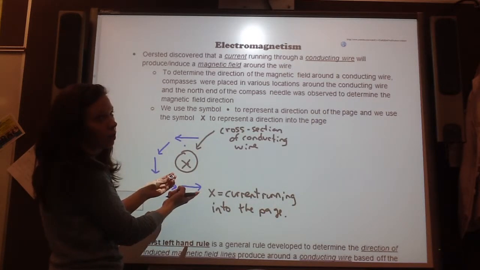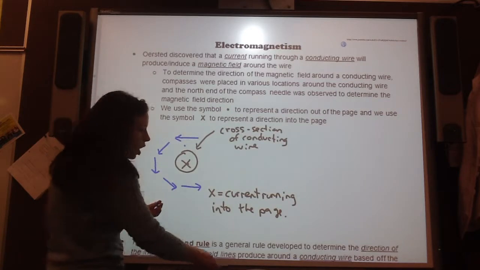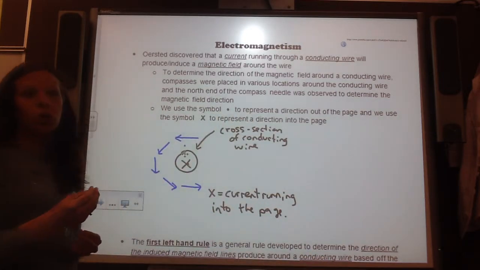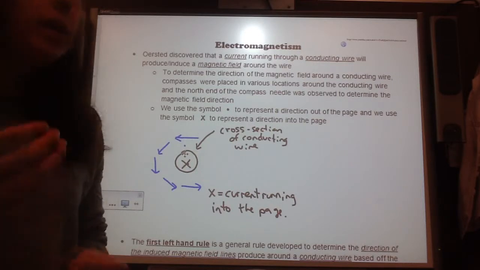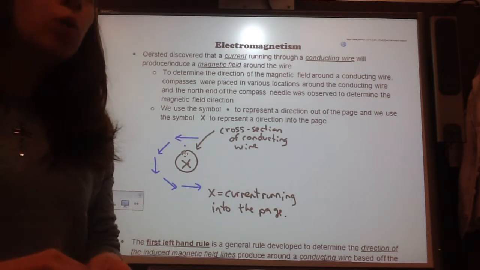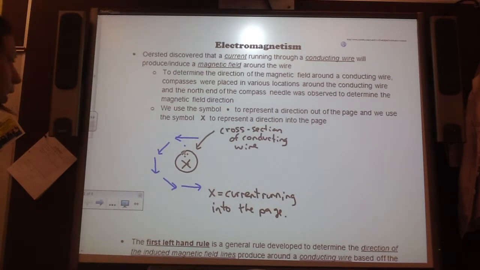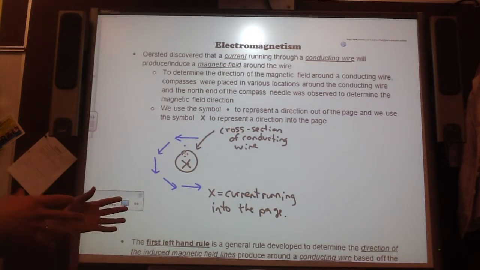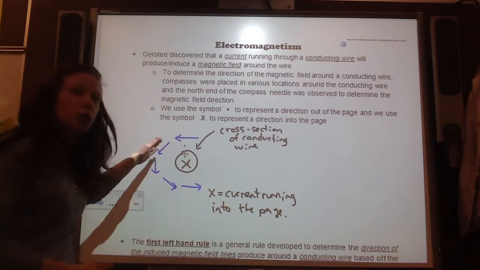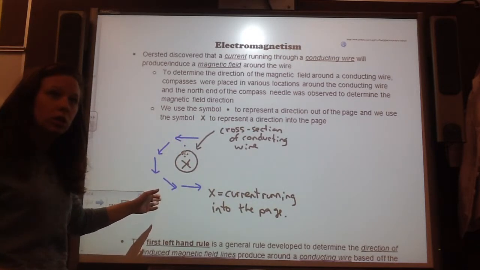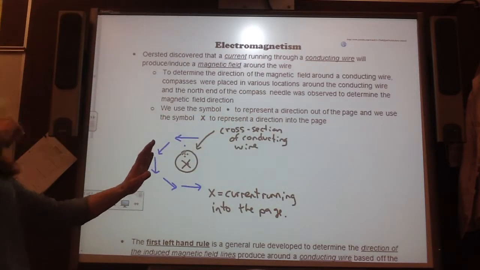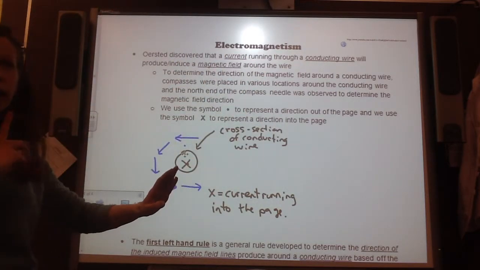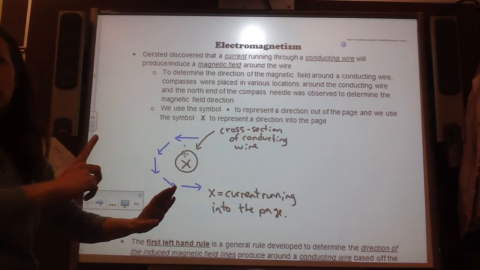It's not pointing toward Earth's geographic north, magnetic north. It's pointing in the direction of the magnetic field that's being induced. That's why it keeps changing. Yeah, because it's almost like it's going in a circle around the wire. The magnetic field goes around.